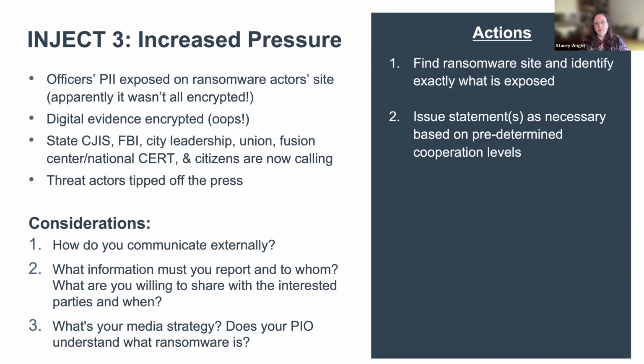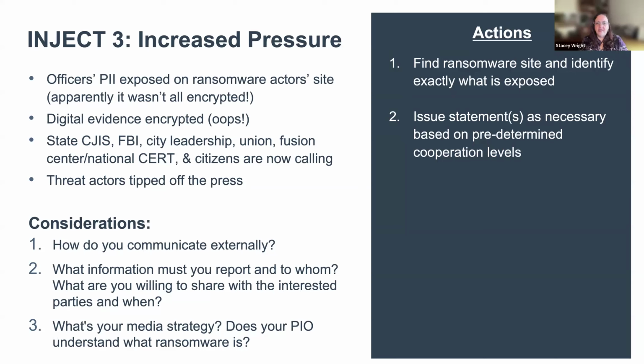So things like officers' PII, which has resulted in many officers being doxxed. Even if the data may be encrypted, would PII like home addresses be encrypted? That may not be, or it may be available in places where it's still accessible.